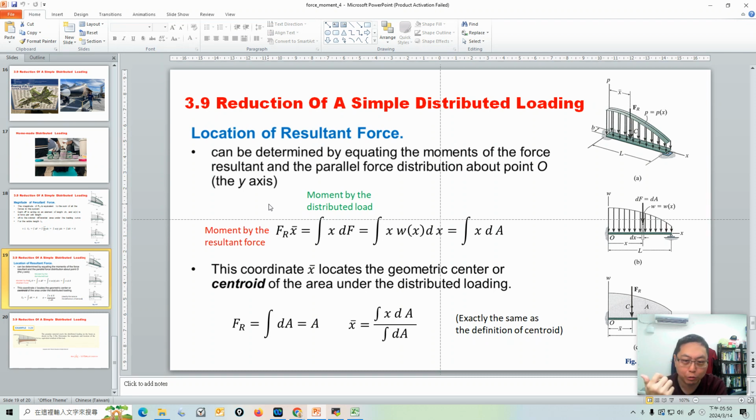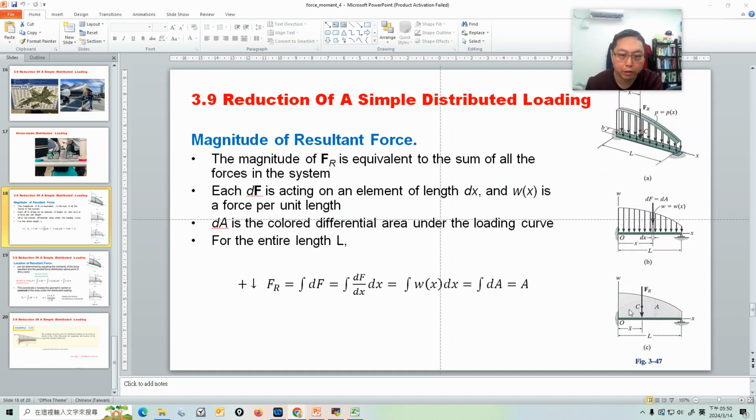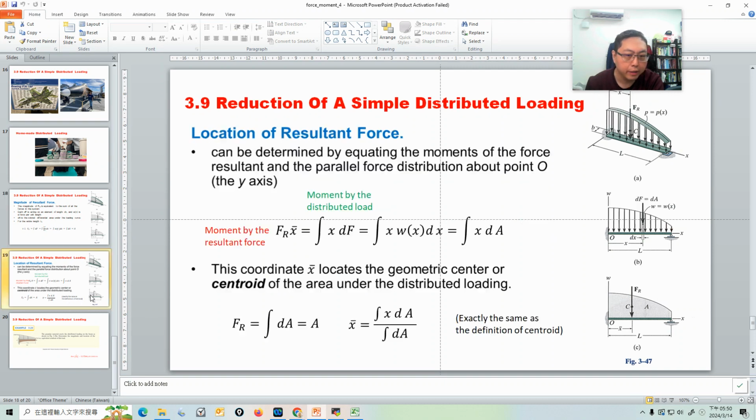First, finding the magnitude of the resultant force, and second, finding the position of the resultant force. The conclusions were: the magnitude of the resultant force is equal to the area under the distributed load curve, and the position of the resultant force is equal to the centroid of the area under the distributed load curve.